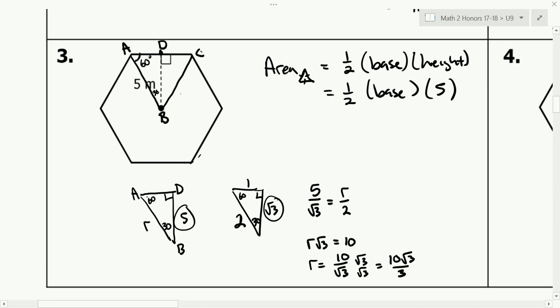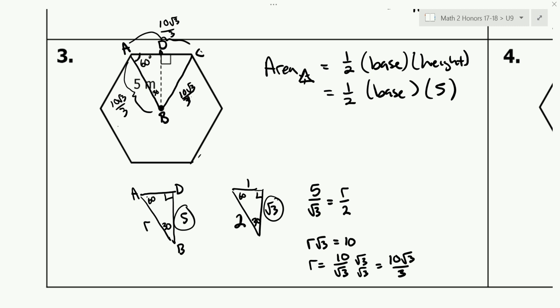So if this is 10 root 3 over 3, so is this piece here 10 root 3 over 3, and so is this piece here. Okay? So the radius of this is the base of our triangle too, because it's an equilateral triangle, so we can keep that in mind.